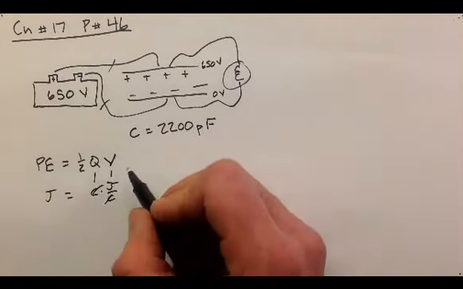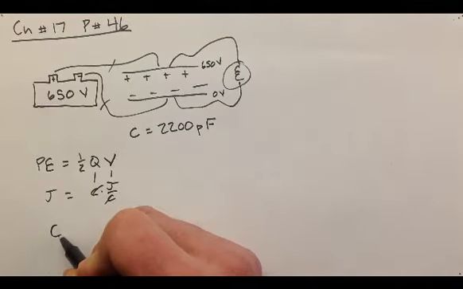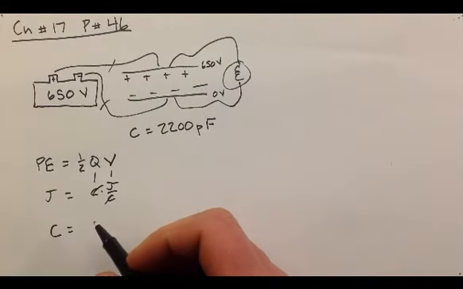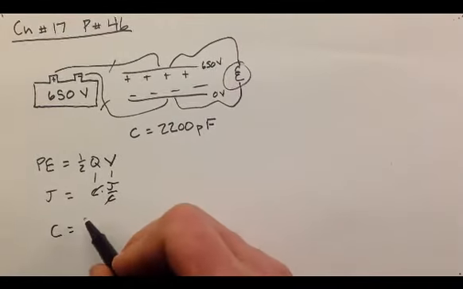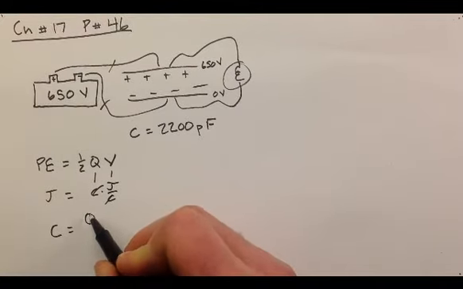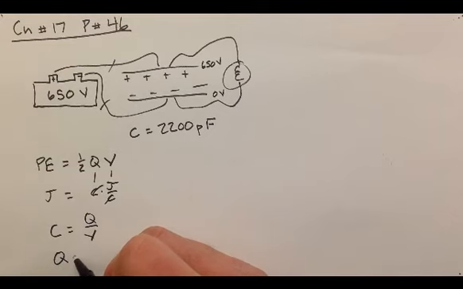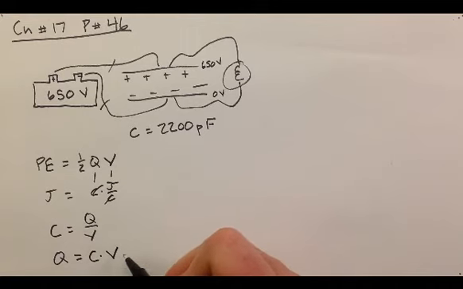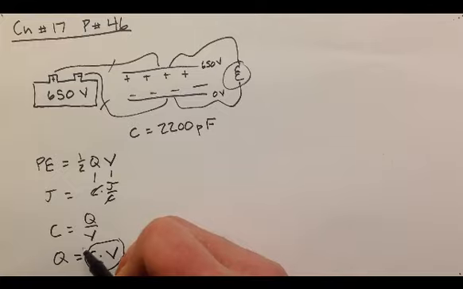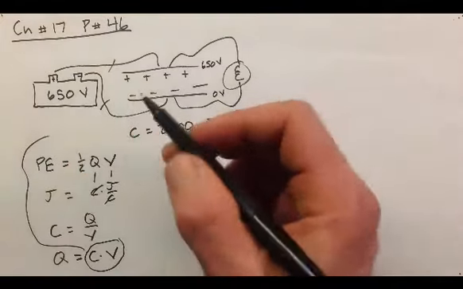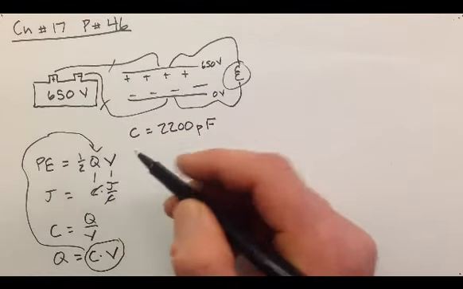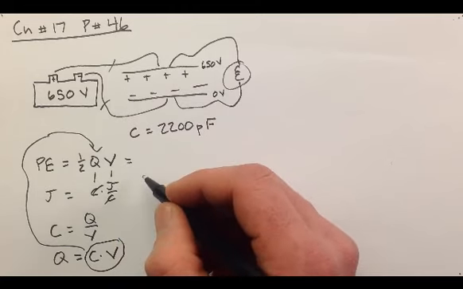Now, keeping in mind that capacitance is the amount of charge per volt, if I rearrange this, the charge on a capacitor is equal to its capacitance in farads times the voltage. I could also plug this in for the charge and get other formulas.